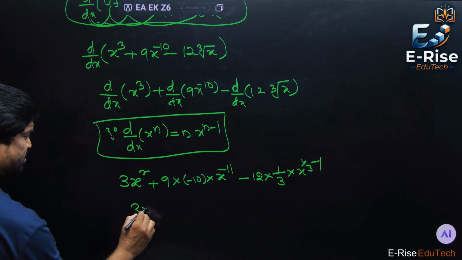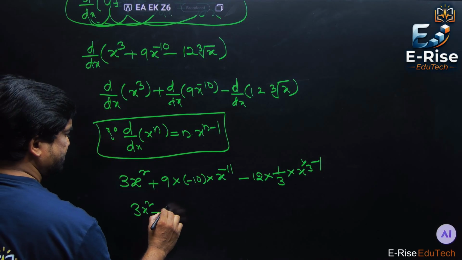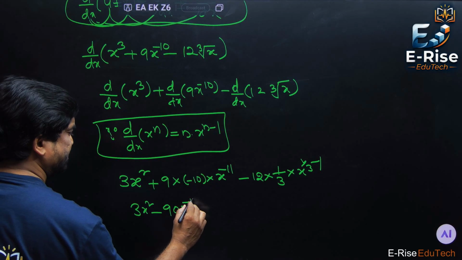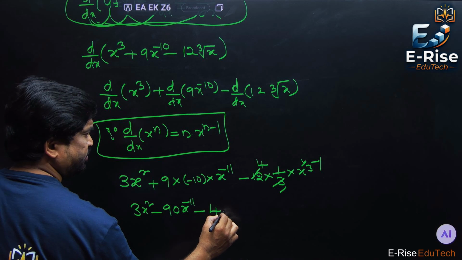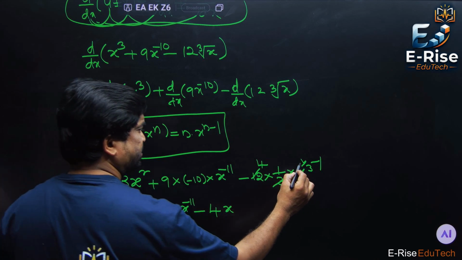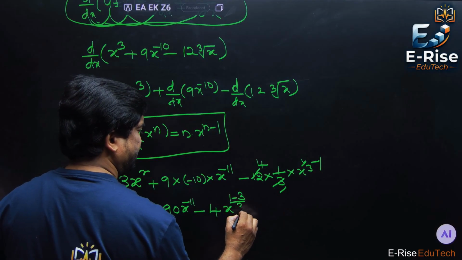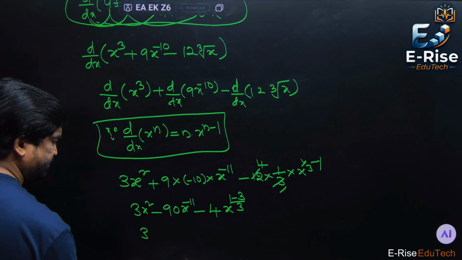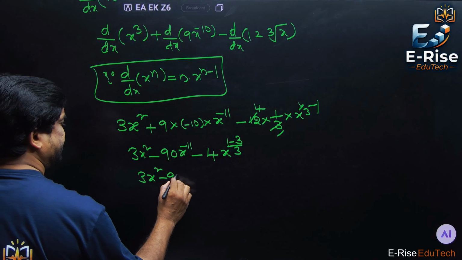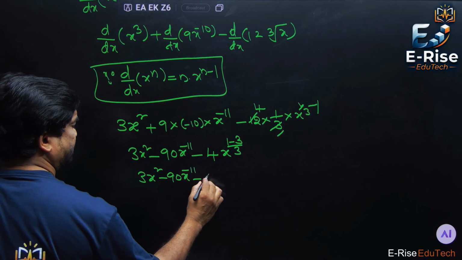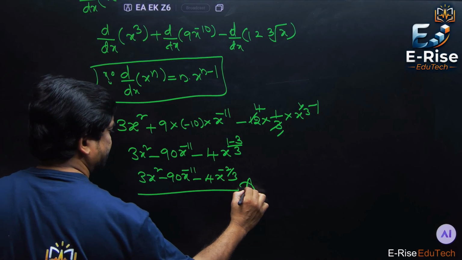Can simplify: 3x square minus 90, 9 into minus 10 is minus 90, into x power minus 11, minus 4: 3 ones are 3, 4 threes are 4, into x to the power, LCM applied here, 1 by 3 minus 1, so 1 minus 3 by 3. So 3x square minus 90x to the power minus 11 minus 4x to the power minus 2 by 3. So this is the answer.